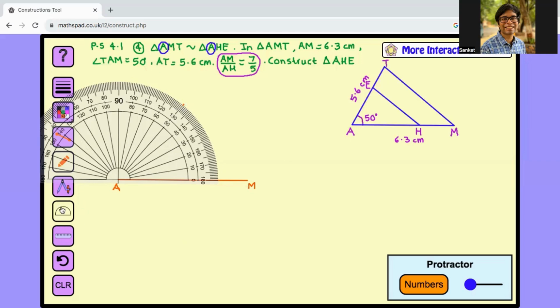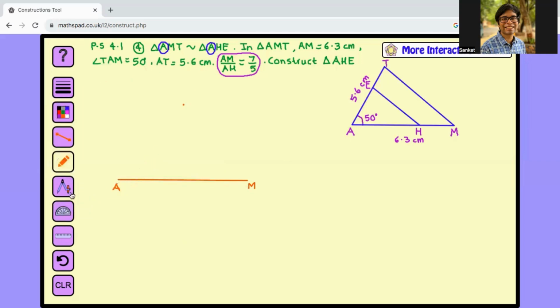I'm going to keep my protractor away. Now I need to join point A with this point that I marked, which indicates that this angle is 50 degrees.